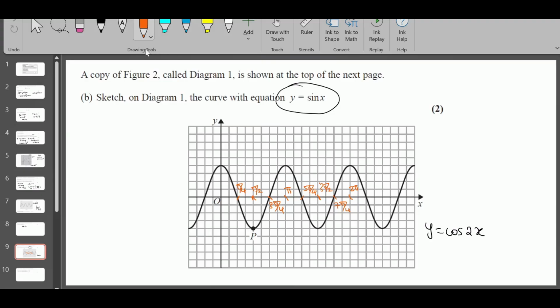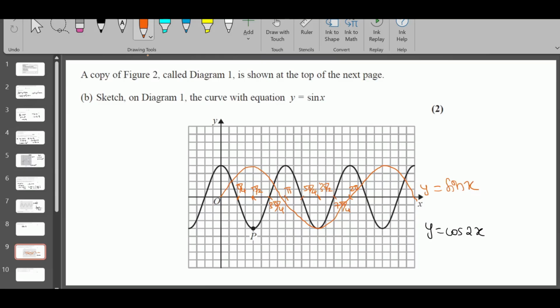Now we know that when we want to sketch sin x, we have to start at origin, go to pi over 2, intersect at pi, intersect at 2 pi. This will be the sin x. Y is equal to sin x.